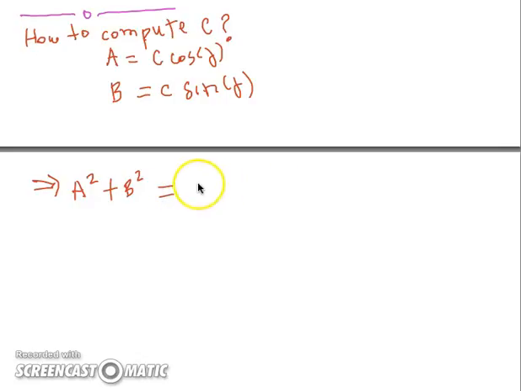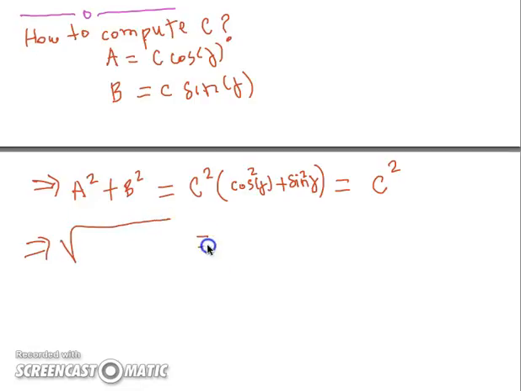This would give us c squared times the square of cosine plus the square of sine of gamma, and this becomes c squared. So it's not difficult to see that c can be obtained from the square root of the sum of squares, a squared plus b squared. This should be very familiar because it's directly related to basic trigonometry, right? So this is how we compute c.